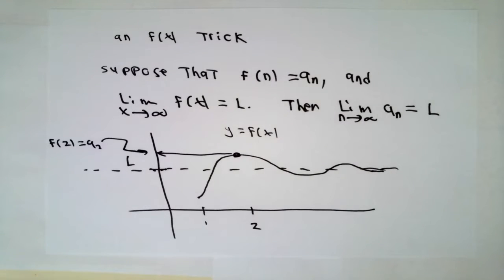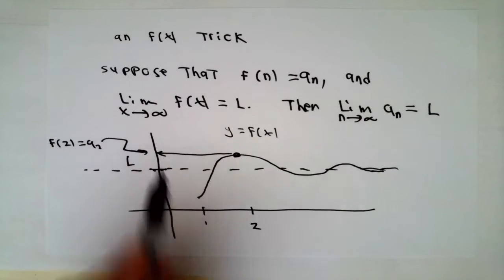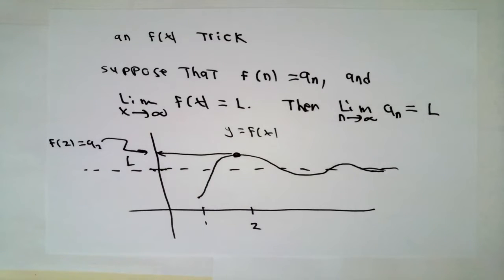If I pick the positive whole number 2, the y-coordinate on the graph will be f of 2, but we're using a function f so that f of a whole number is a indexed with that whole number. So this y-coordinate will be a_2.